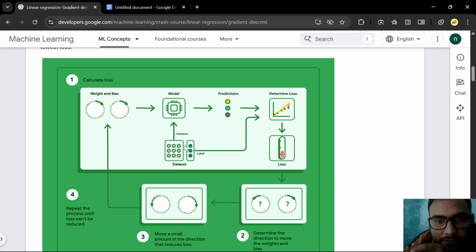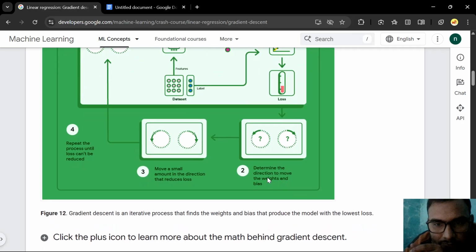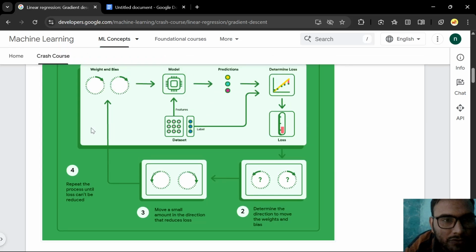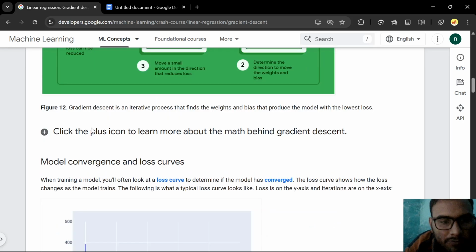This is the data set features and the label. It determines the loss and compares it, then determines whether to move the bias and weight to the left side or the right side, moving a small amount. Now repeat until loss can't be reduced. So this is a cyclical process.